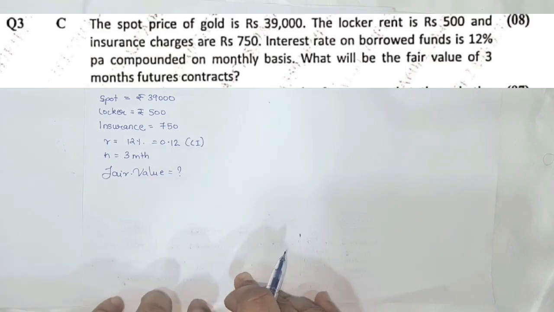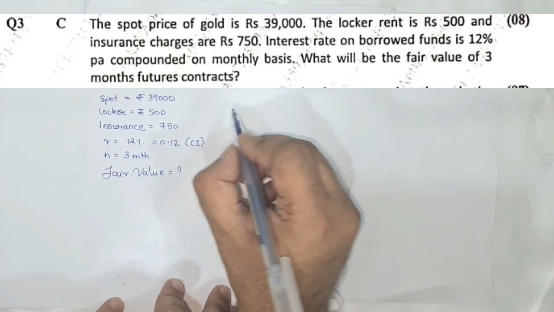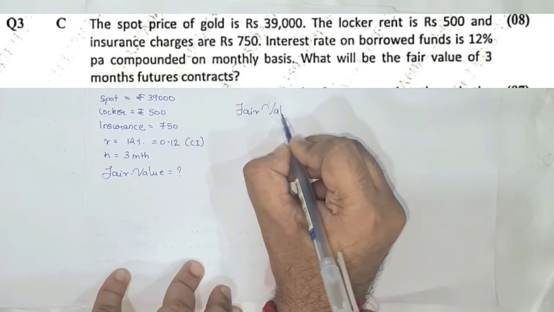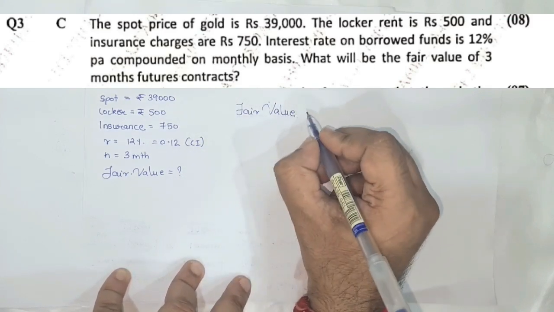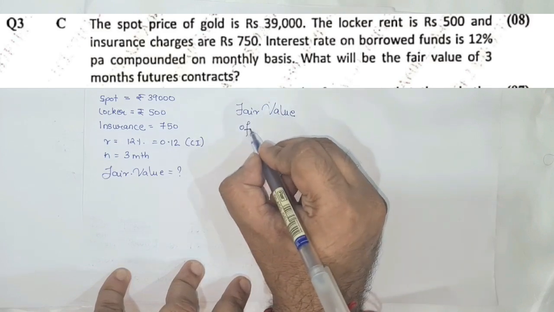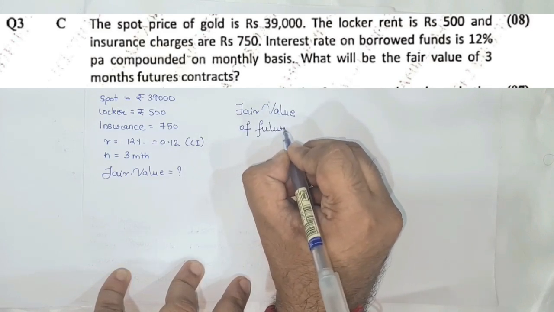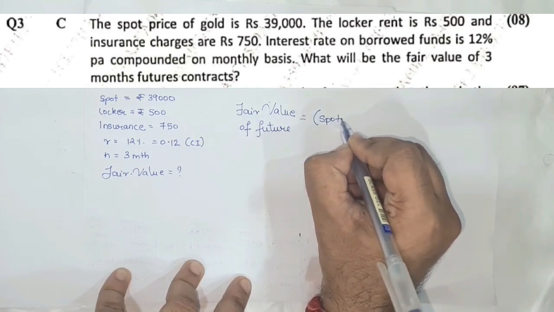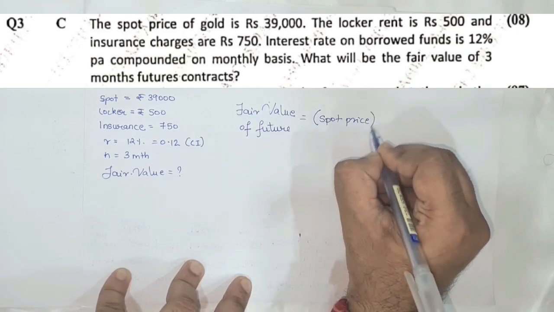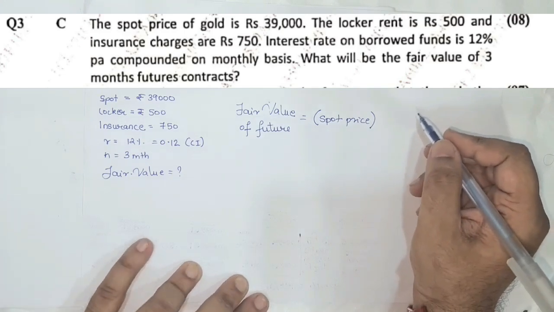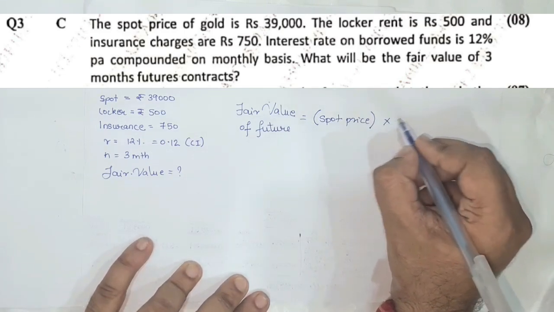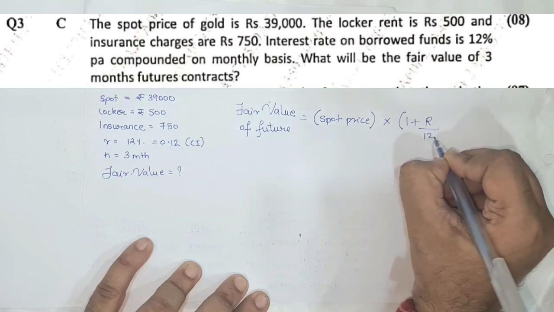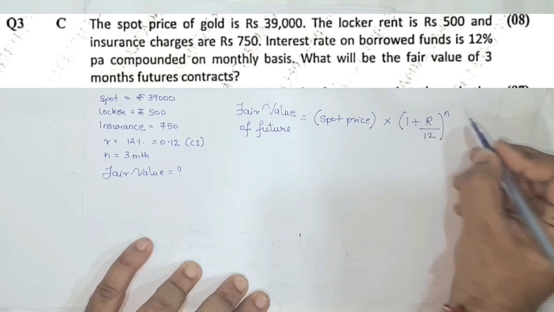Now let us see how to find the fair value. First we'll note down the formula. Fair value of future is equal to spot price into (1 plus rate upon 12) raised to the power of n, since this is based on compound interest.